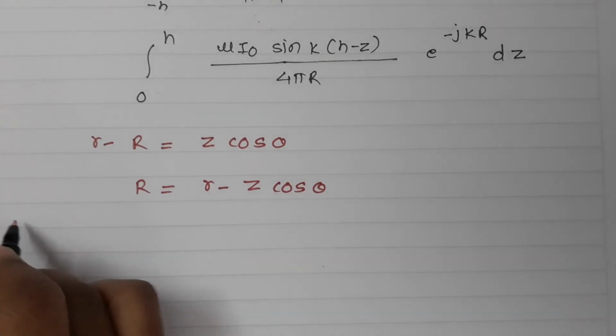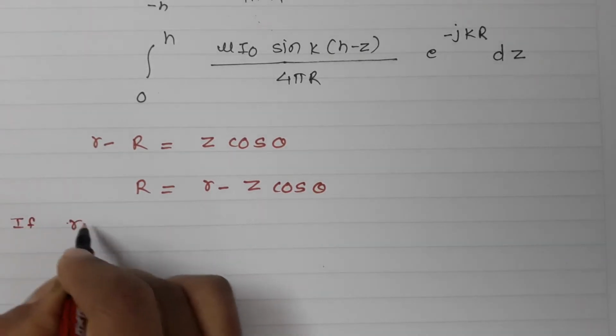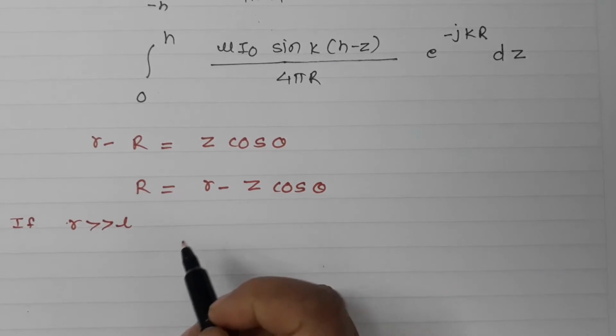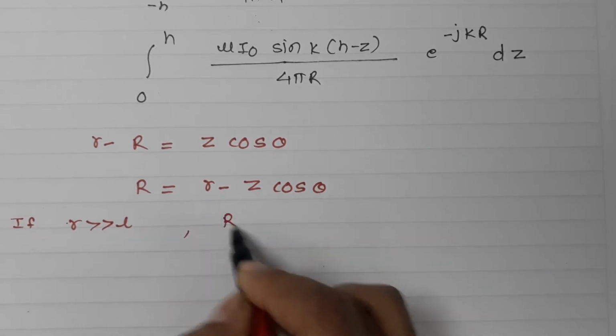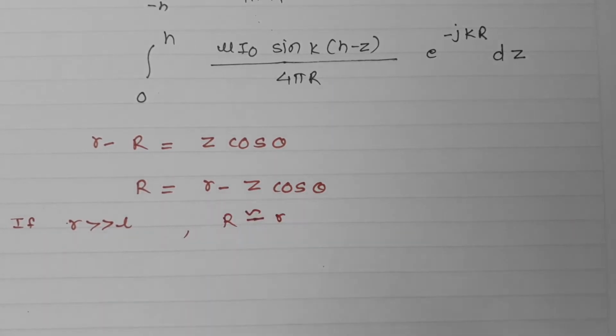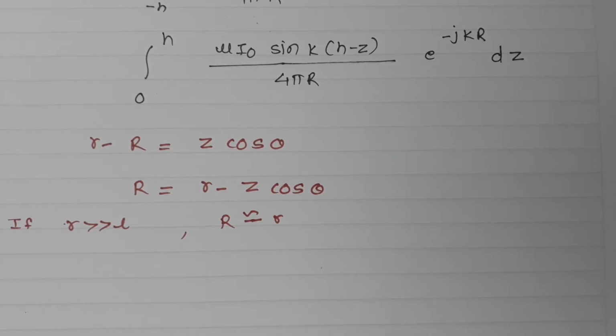So if r is very much greater than the length, we may substitute r' equal to r. So in the denominator of the Az expression we can replace that. For the phase term in the numerator of the equation, the difference between kr and kr' is significant, so we cannot replace it in the same way.